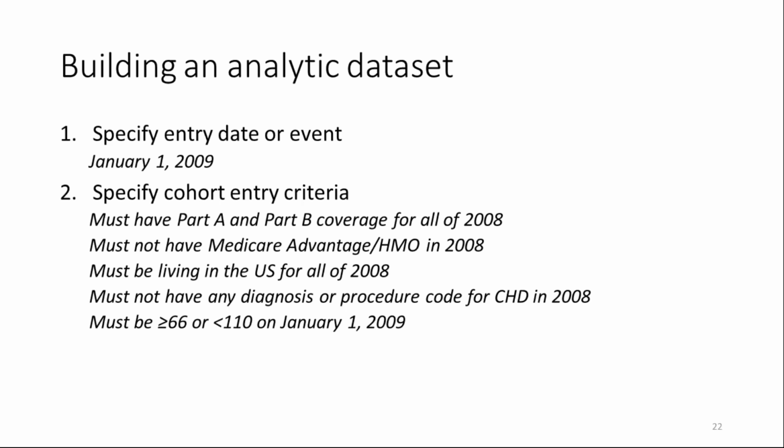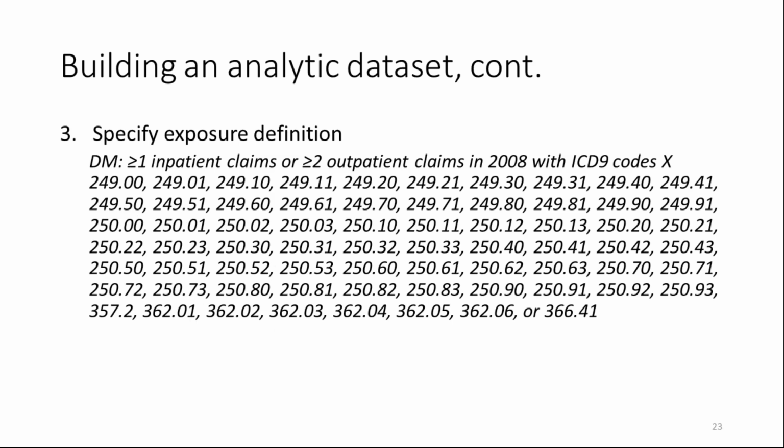And then we want them to be 66 because we need that 1 year prior of Medicare data based on that date, and less than 110 to keep some validity, because sometimes Medicare misses their death capture. So after 110 you're assuming that they should be pretty close to death, if not already.